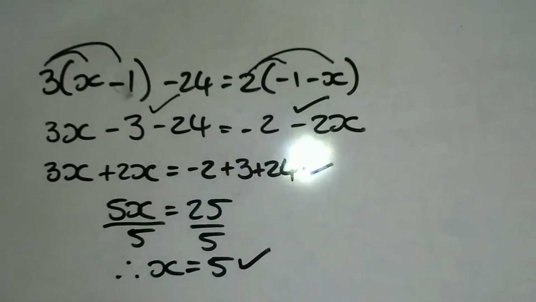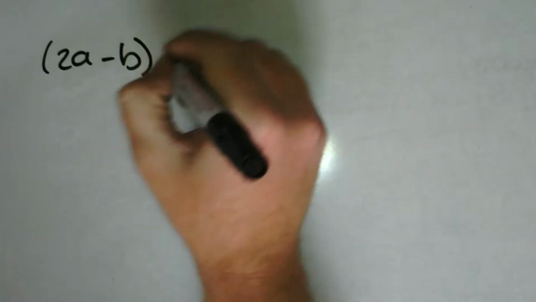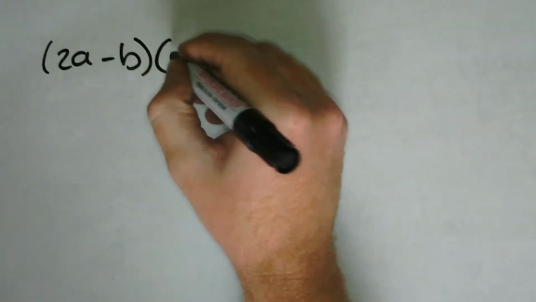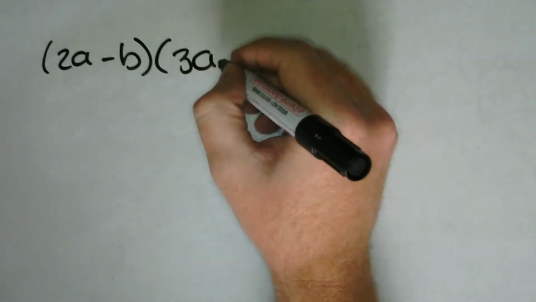So question number 3 is also a simplification question, and it requires you to simplify the following questions in this regard. Okay, so first question to be simplified: 2a minus b, and then we've got 3a minus 4b.